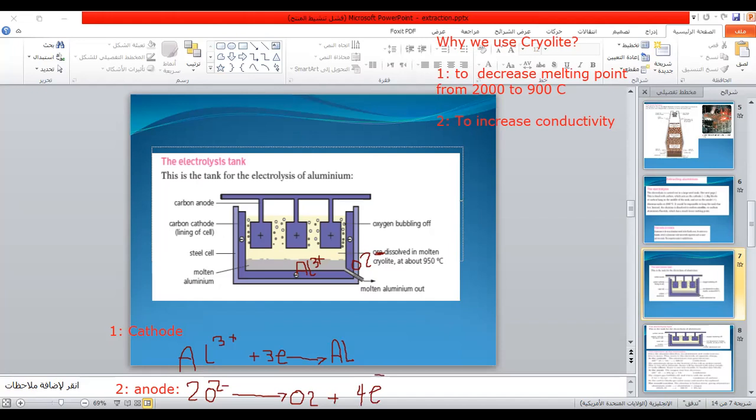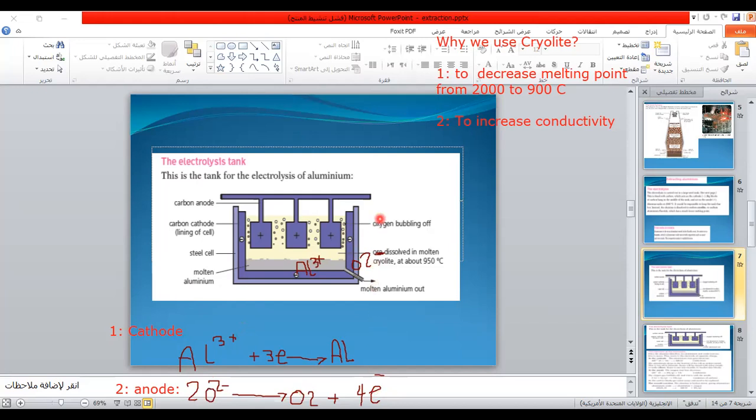So again, in the electrolysis of aluminium oxide, what are the ions I have here? I have aluminium, which is 3 positive, and oxygen, which is 2 negative. At the cathode, aluminium 3 positive gains 3 electrons to form aluminium, so I can take molten aluminium out from here. What will happen to oxygen? Oxygen is attracted to the anode, which is positive, to form O2 plus 4 electrons.